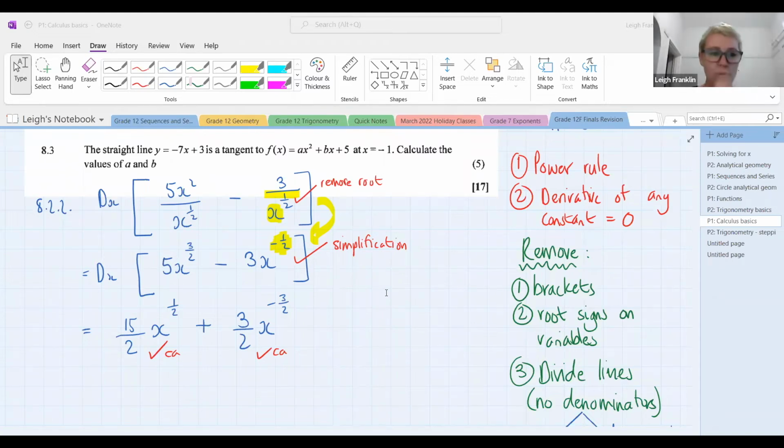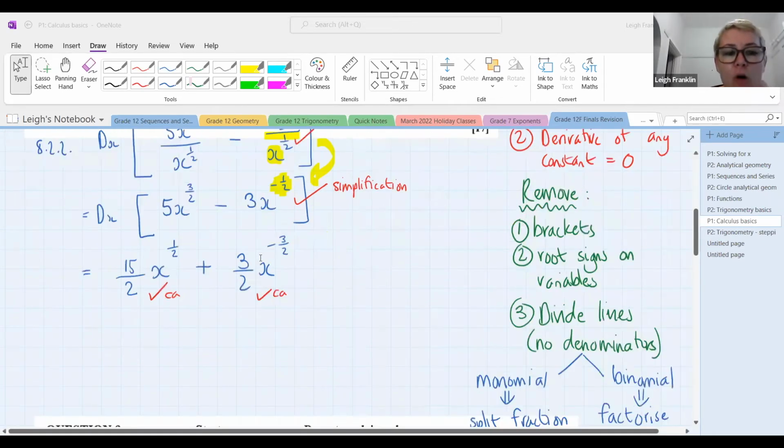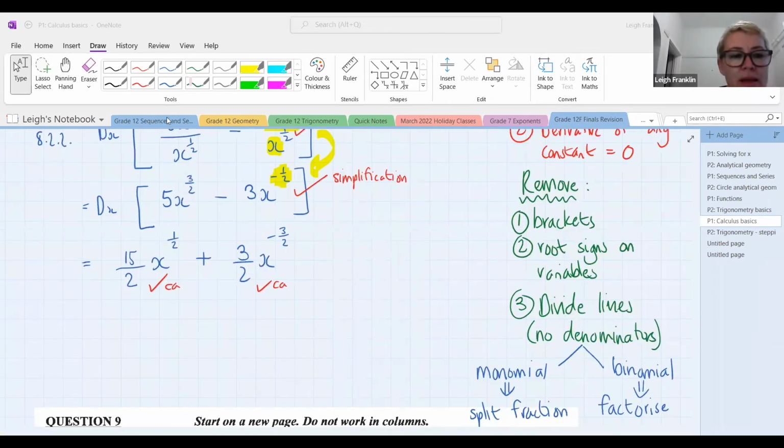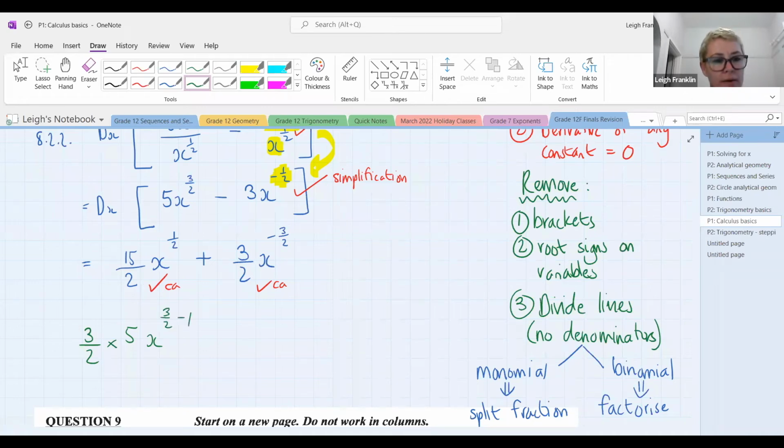So when we go from line 2 to line 3, we are applying our power rule, which means that we are multiplying our exponent. Our exponent is 3/2. We are multiplying that with 5. And then we are taking 1 away from the exponent. So we've got 3/2, and now we are taking away 1.